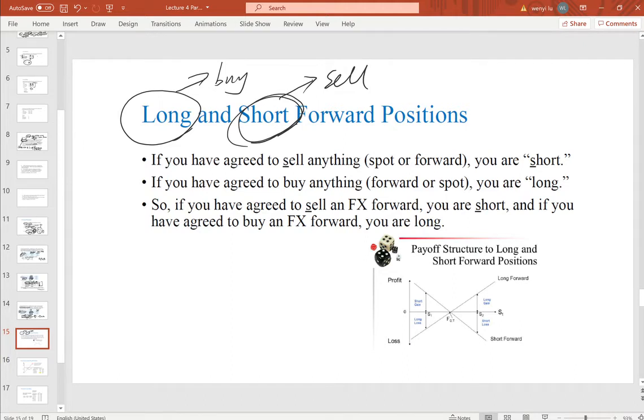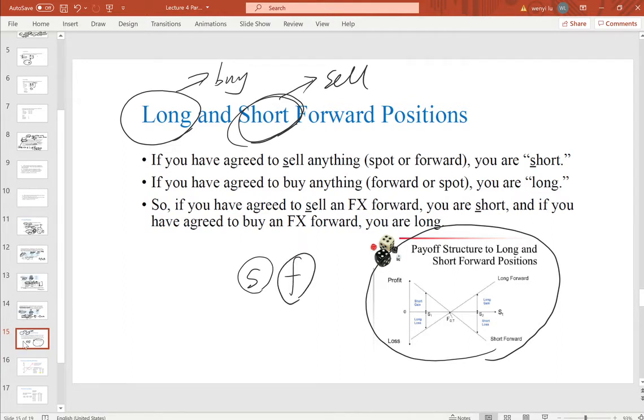So I give you a simple picture to show what's the long, what's the short. For example, when you sign a contract, you only know the spot price and forward price on today's market. But 3 months later, the price on the market, called the spot price at time 3, will not be the same as the forward price.